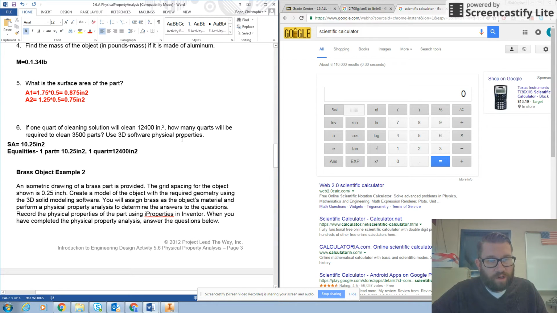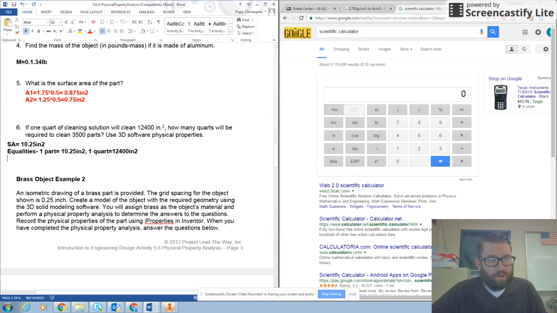So it says use 3D software physical properties. We did that above. So now I'm ready to substitute and then solve the problem. The first thing I have to figure out is what's my total surface area required for all 3,500 parts.